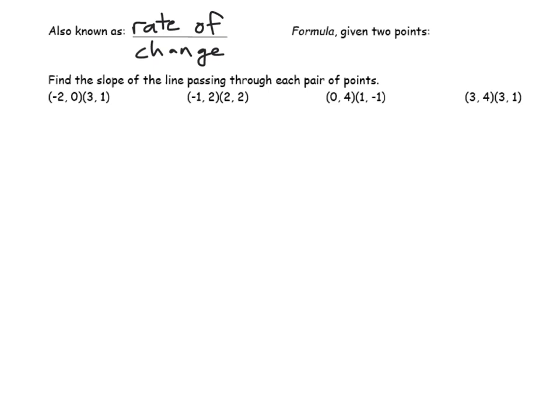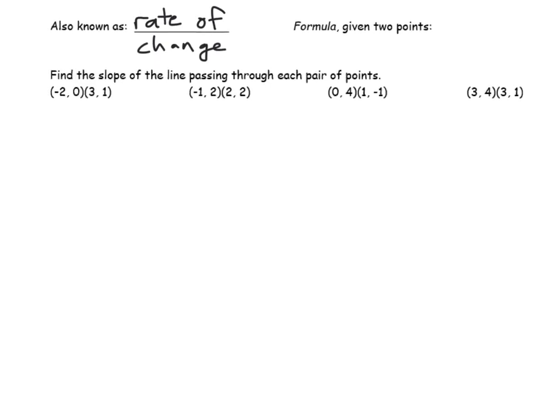All right, we have a formula for slope, which states this. The slope of a line is the difference of the two y coordinates over the difference of the two x coordinates, right?